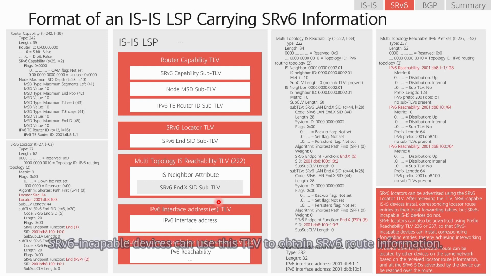In this case, SRv6 incapable devices can use this TLV to obtain SRv6 route information. Huawei devices use this TLV to obtain locator route information regardless of whether SRv6 is supported. Because this TLV does not carry algorithm information, Huawei devices use the SRv6 locator TLV to obtain locator route information in flex algo scenarios.